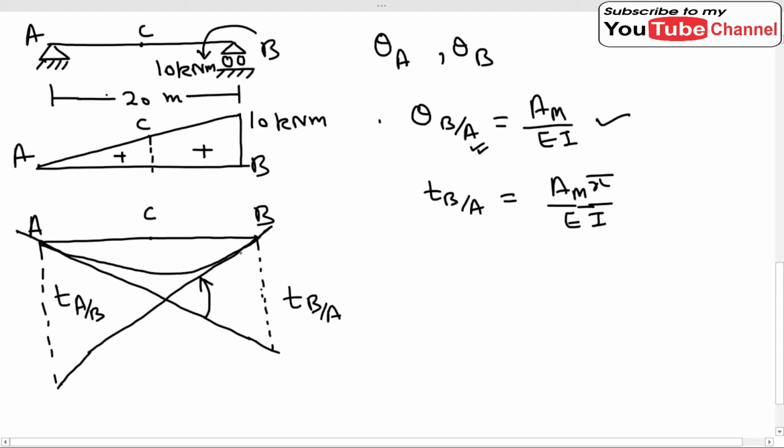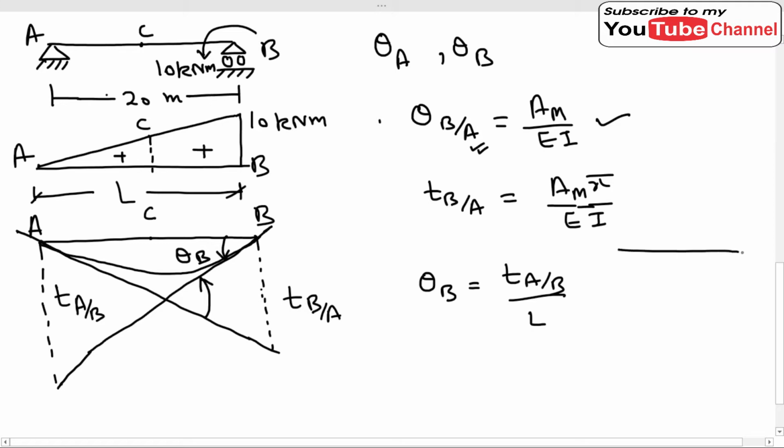Okay, now this angle is theta B. So theta B can be easily found by using a simple geometric relation, which is theta B equals t A over B divided by L. What is L? L is the length of the beam, which is 20 meter. If we look at the simplified diagram, it looks like this.